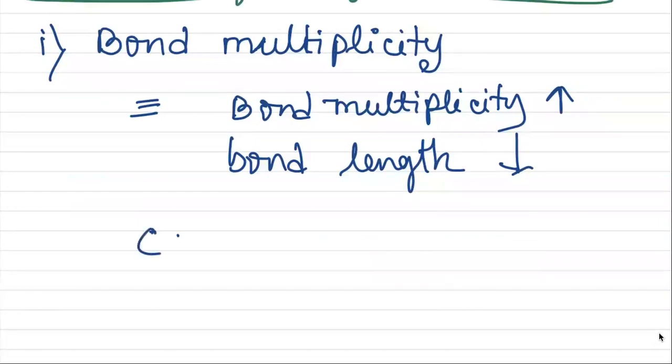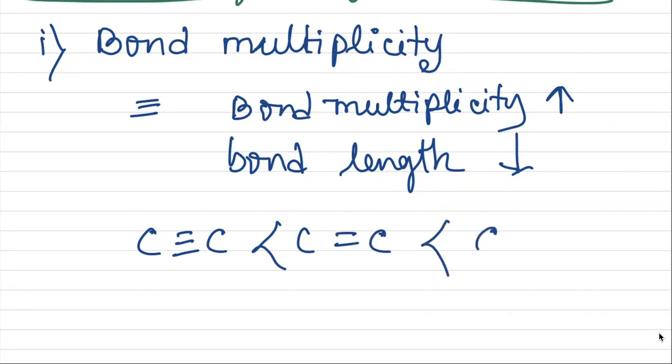The bond length in case of C single bond C is much higher than that of C triple bond C. If bond multiplicity increases, bond length decreases.